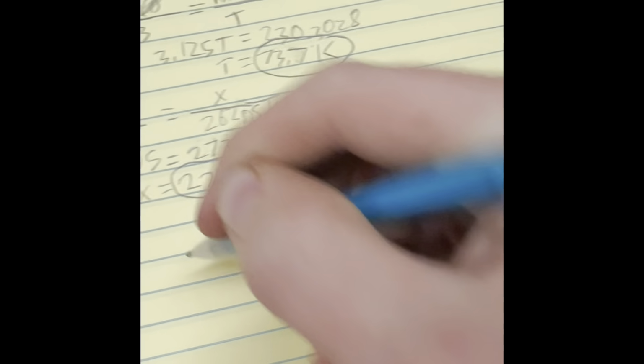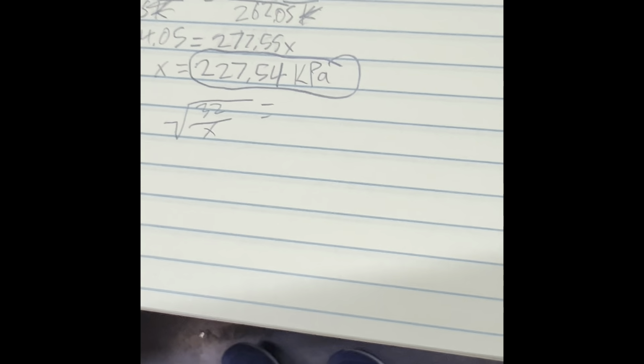And it's 4 times faster. Okay, so 32 divided by x would be what I'm looking for.